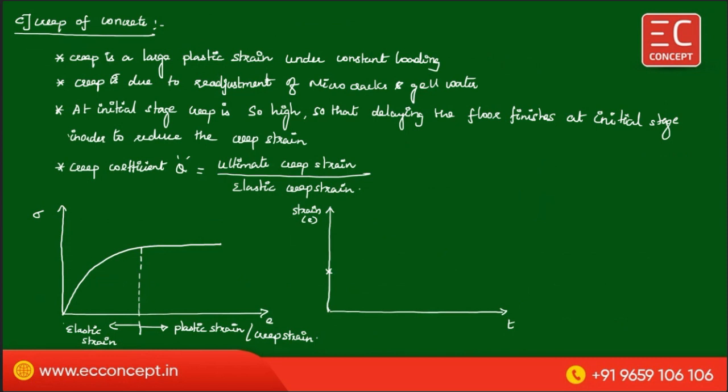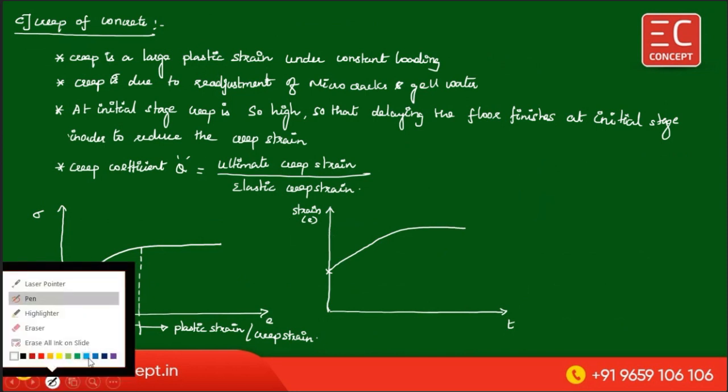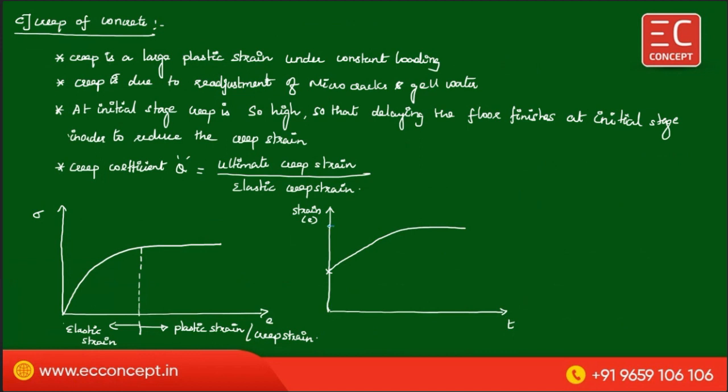After that, the creep gradually increases and reaches a certain level. That point is the ultimate creep strain. Once it reaches the ultimate creep strain, it stays constant for the time being.